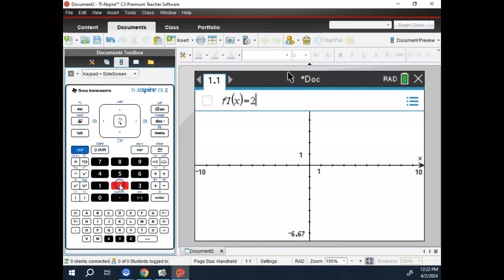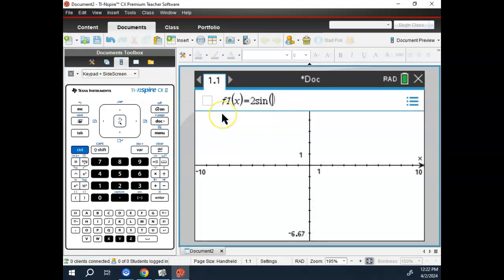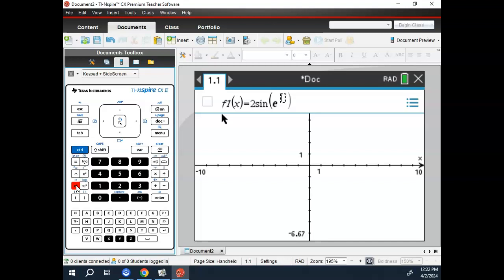So that'll be 2. And then right here to get sine, see where it says trig next to 7? You hit trig. You get sine. It opens the parentheses for you. E to the, and you cannot use t, don't forget that. E to the x divided by 4. And then plus what?